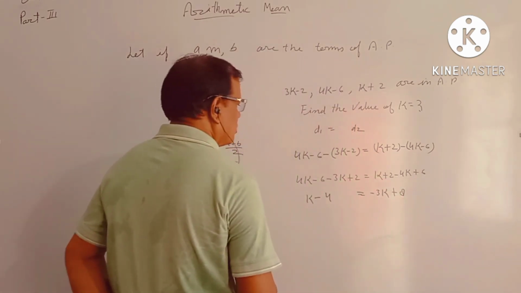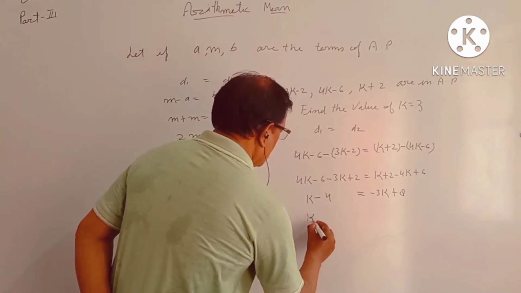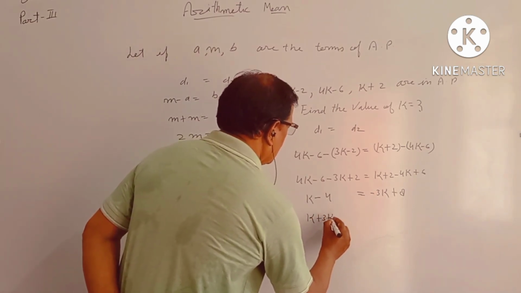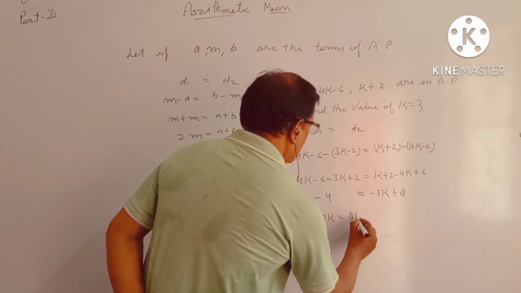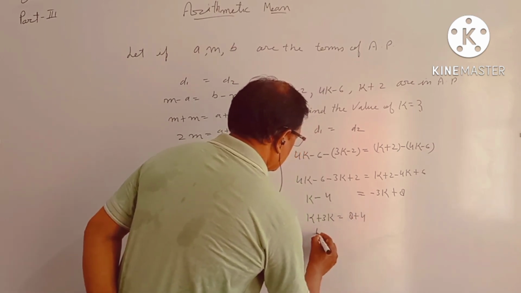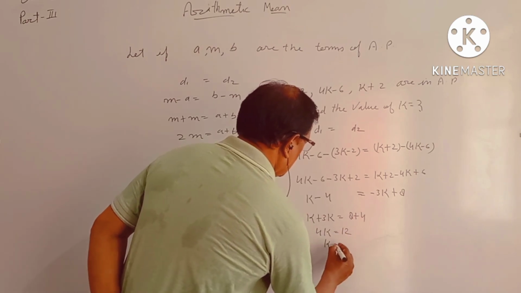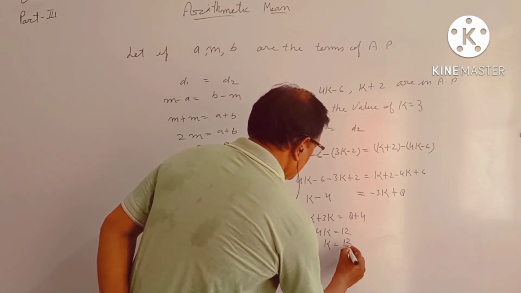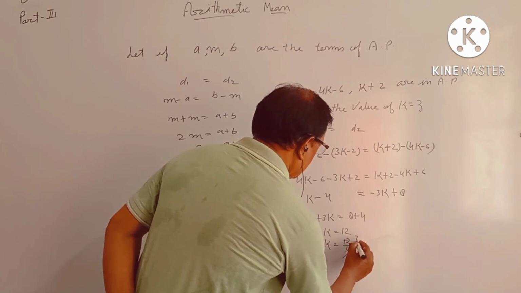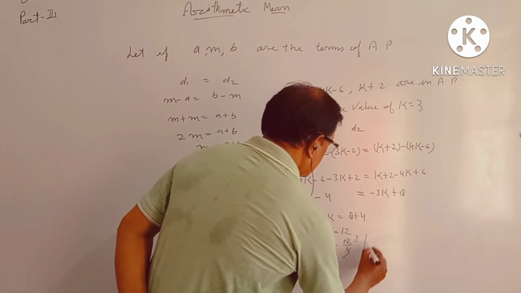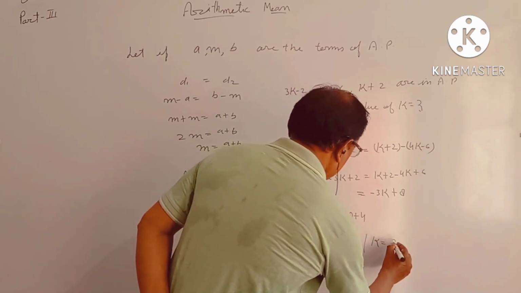Now we transpose and solve: k plus 3k equals 8 plus 4, so 4k equals 12, or k equals 12 by 4. 4 threes are 12, so k equals 3.